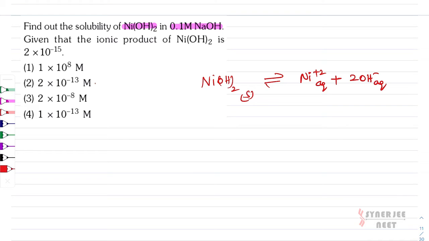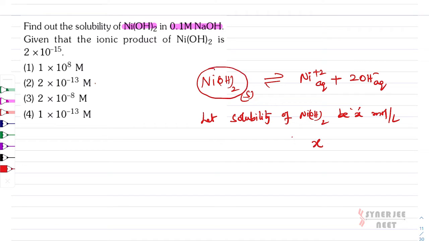Now suppose let solubility be X. If it is X moles per liter solubility, then Ni2+ will come out as X moles per liter, and double the number of OH minus. Double the number of OH minus means 2X moles per liter OH minus will come out if X is dissolved. If X moles per liter of solid dissolved, then X of nickel ions and 2X of hydroxide ions will come out.